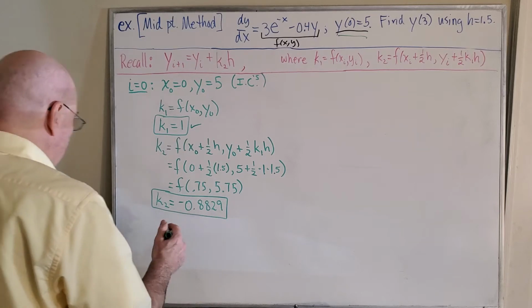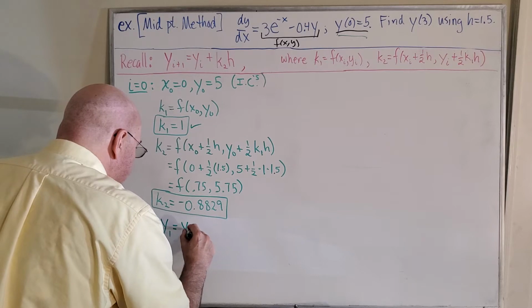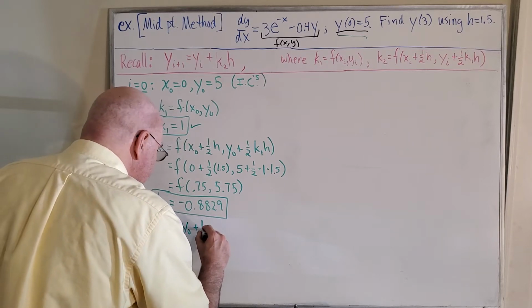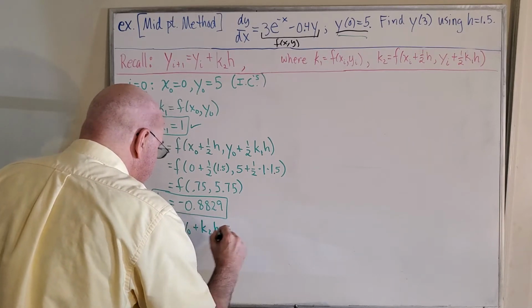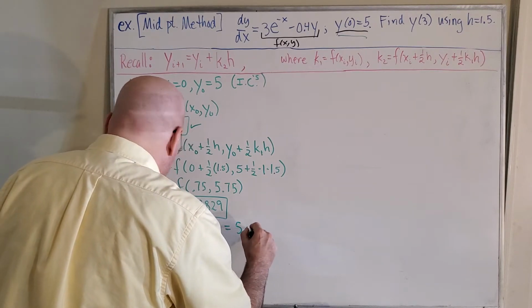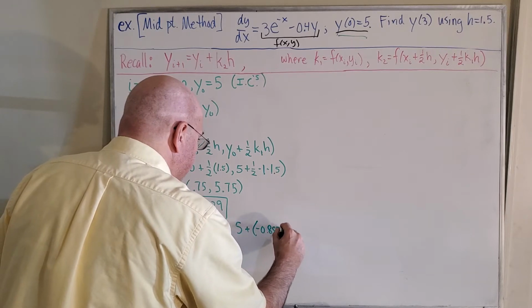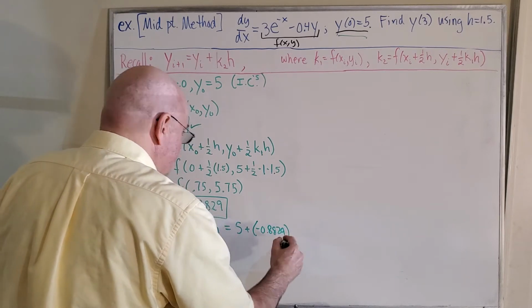Okay, so that means that y1, which is y0 plus k2h, would be equal to 5 plus negative 0.8829 times h, which is 1.5.